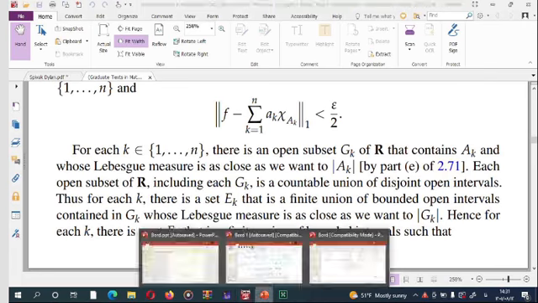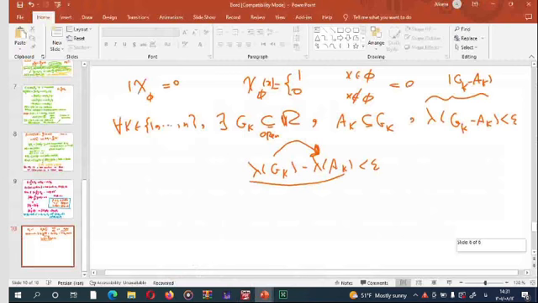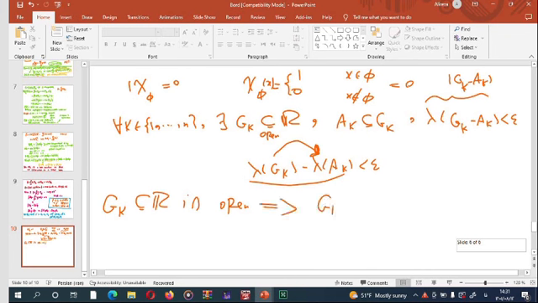Please note that since G_k, a subset of R, is open, G_k can be written as a union of bounded open intervals, by the definition of open subset of R.